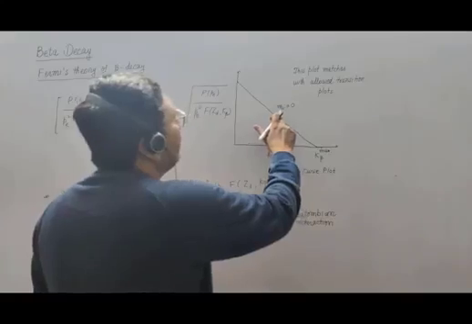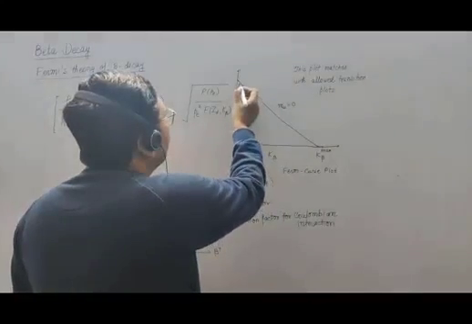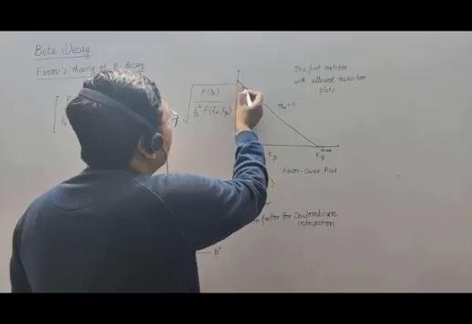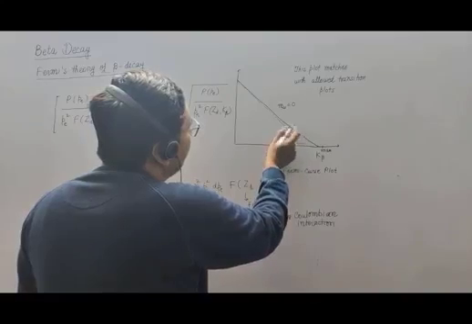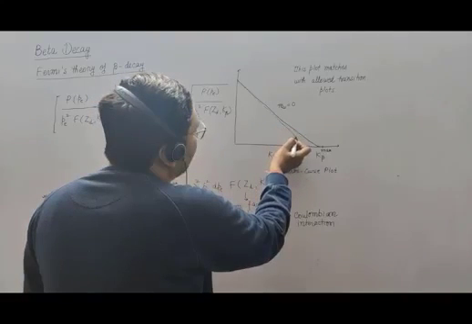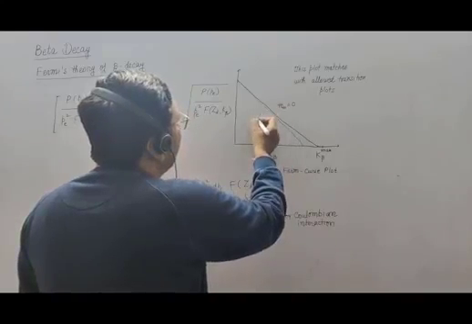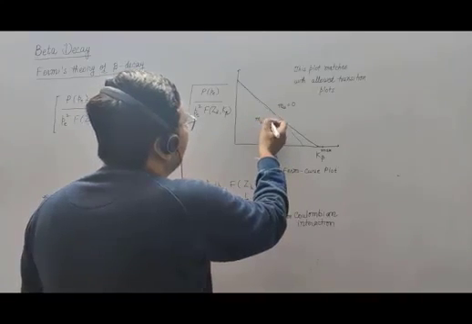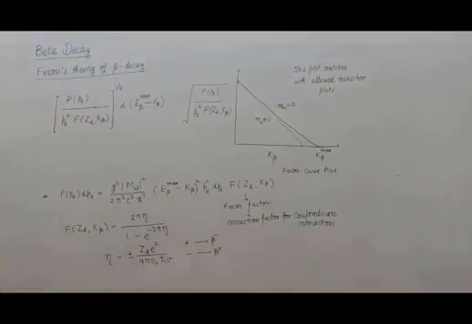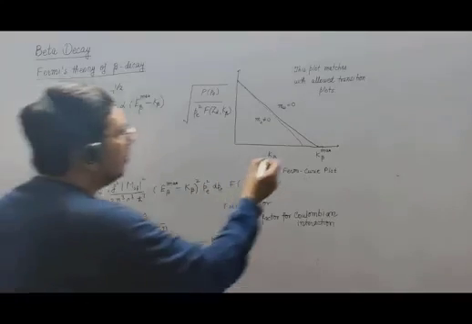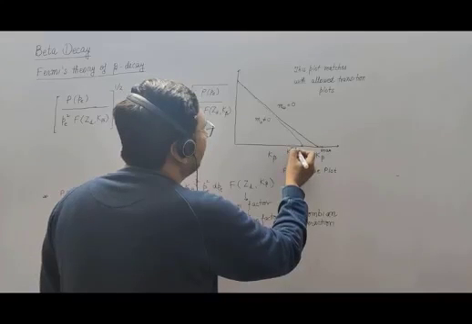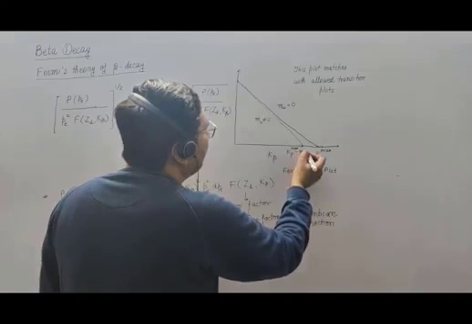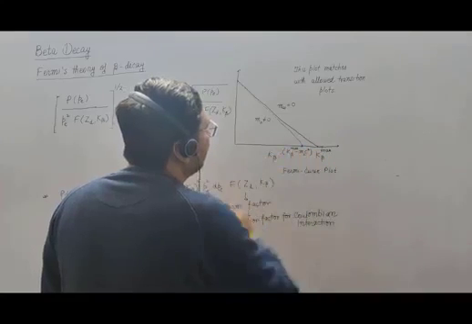However, if the exact mass of the neutrino is taken, if m nu is not equal to 0, then there will be a little bit of deviation from the straight line, and the endpoint energy will become K beta maximum minus m nu, the rest mass energy of the neutrino.